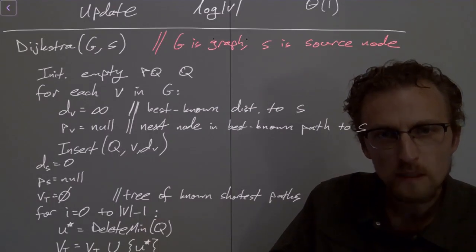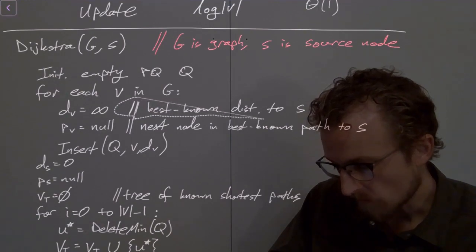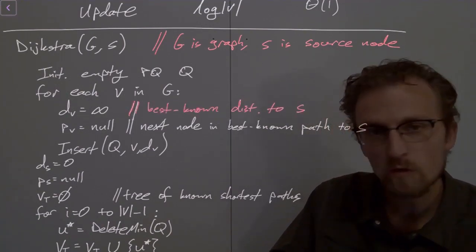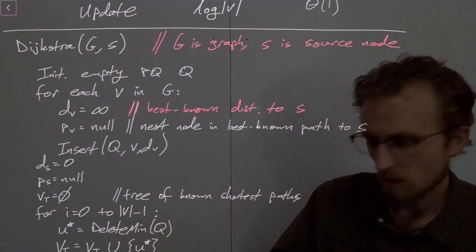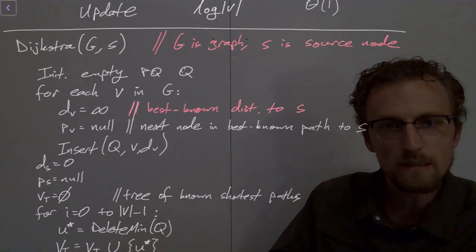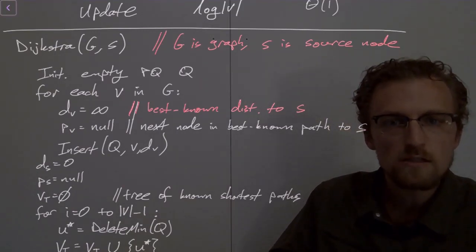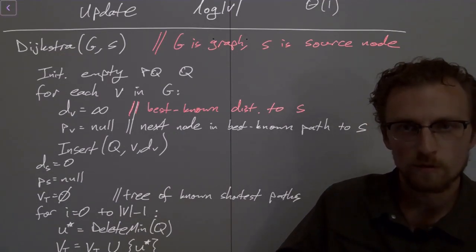The first piece of information is its distance, and we're going to think of this as the best known distance from node V to S. So if I ever write down dV, this is the best distance that the algorithm knows about so far to the source node.